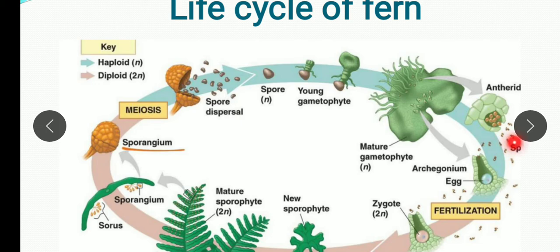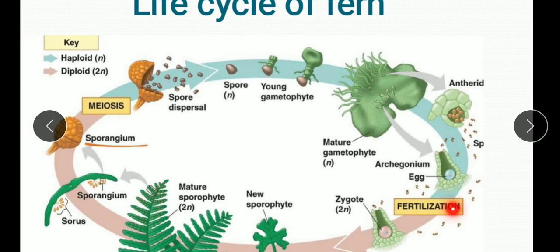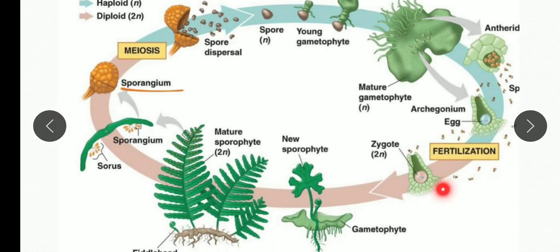Male gametes are multiflagellated, and the archegonium produces the female gamete, that is the egg cell. Male gametes being multiflagellated, this also requires water for fertilization. These male gametes travel, reach the archegonium's neck cells, enter the archegonium, and fuse with the egg cell. Fertilization takes place. As the fertilization takes place, the gametophytic stage gets over, and the sporophytic stage starts, that is the diploid condition.